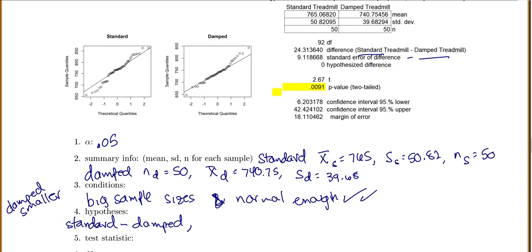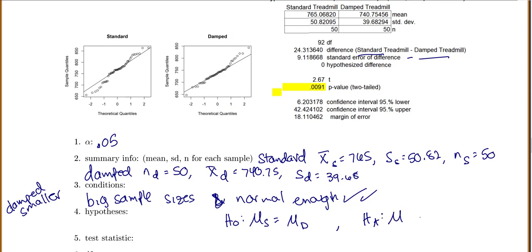Old-fashioned technique there. We want damped to be smaller, so our null will always be that they're equal. So the mean for standard is equal to the mean for damped. And the alternative, we want the damped to be smaller, so the mean for standard has to be bigger than the mean for damped. Just make sure you do everything in the same order. If they do standard minus damped here, standard minus damped here, standard first, damped second.